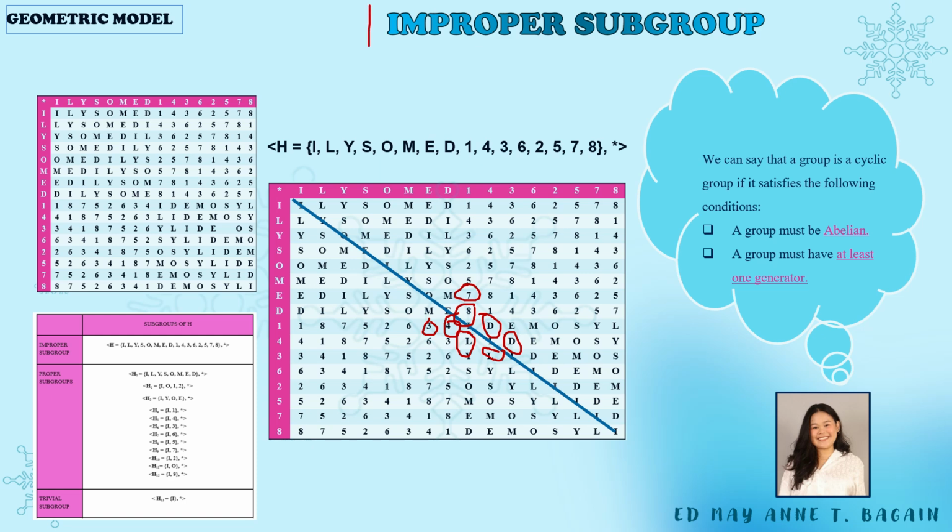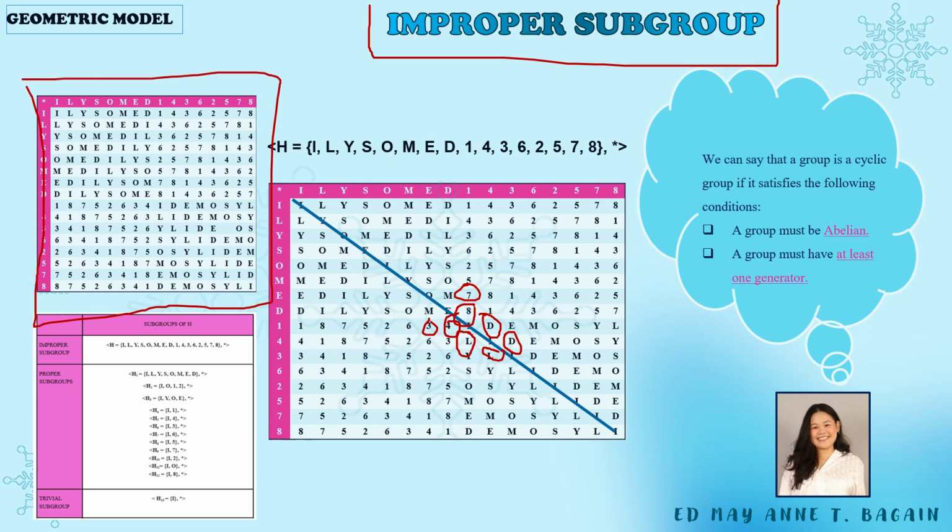The improper subgroup is already the full group, the set H. So my group H is also not a cyclic group.